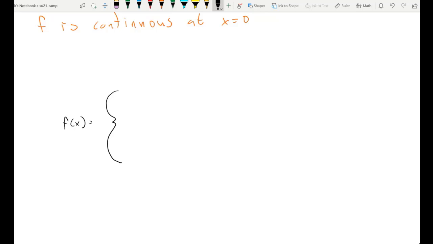Okay. So for example, we might have e to the x minus 1, as long as x is, say, less than 1. And then for x's which are at least 1 but less than 4, maybe the function is defined by a different piece. It's defined by the expression 2 times square root of x.